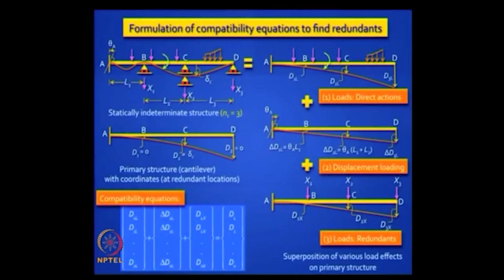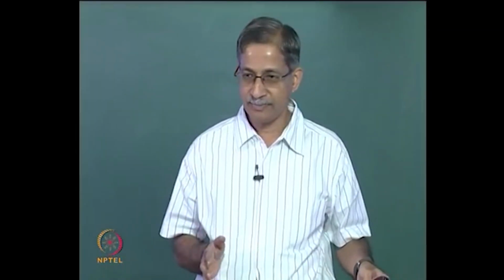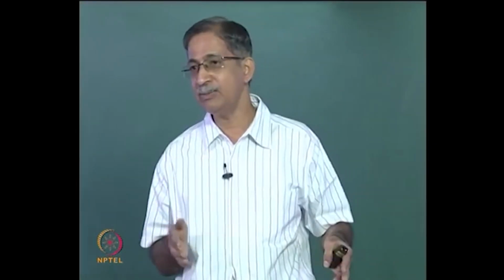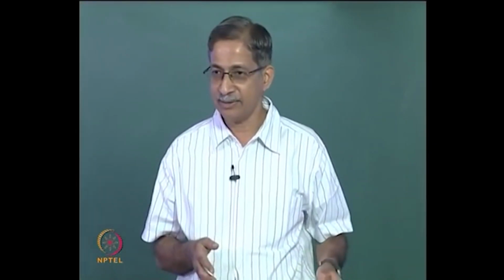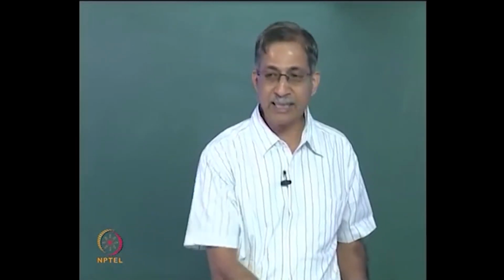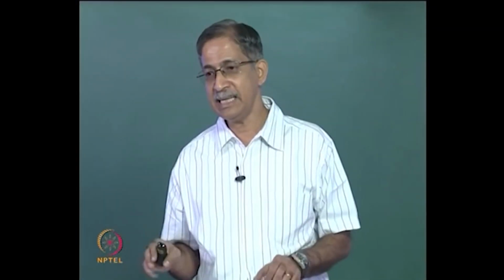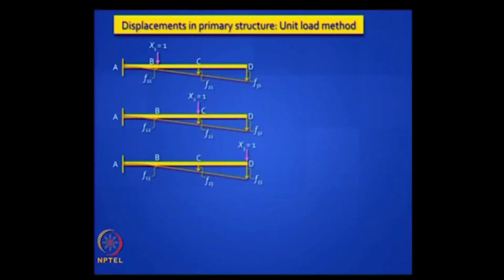You first studied force response in statically determinate structures, then you studied displacement response in statically determinate structures, and you need that understanding to write these expressions in the compatibility equation, because you are still dealing with a statically determinate primary structure. Now you will find it convenient to apply one load at a time according to the unit load method. Now you are familiar with the definition of flexibility.